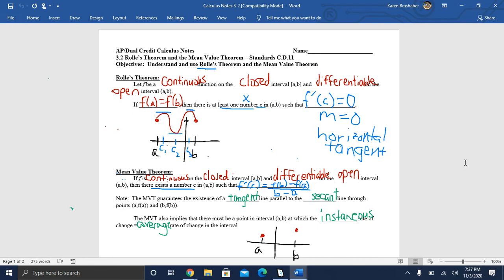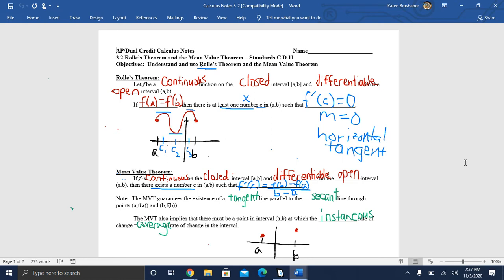And if that doesn't sound familiar to you, I'll remind you that that is nothing more than the formula for the slope of the line. So y2 minus y1 over x2 minus x1. And so I'll talk to you about the two notes, but I'm going to actually draw the picture first.